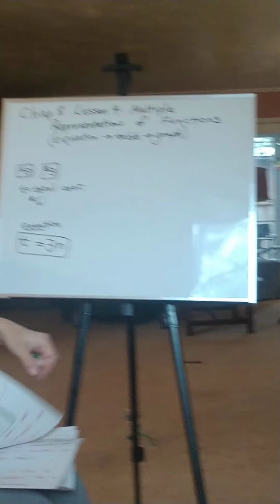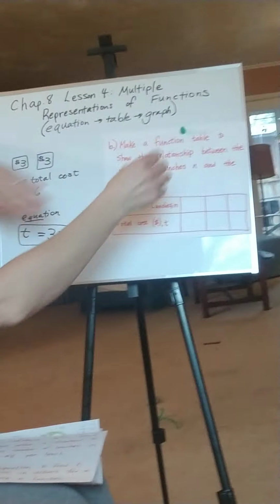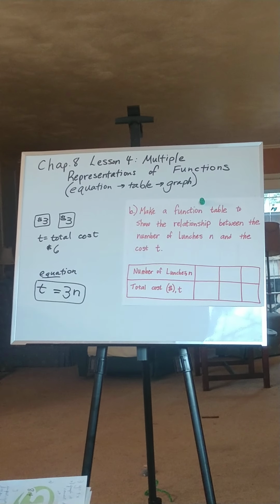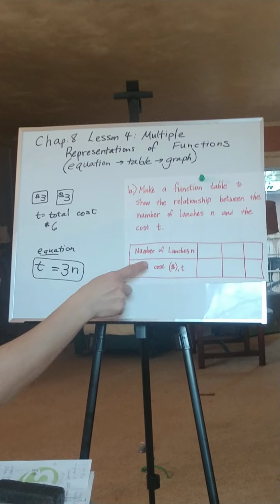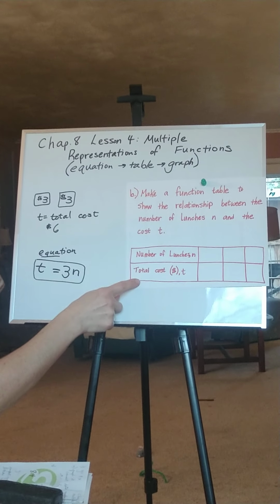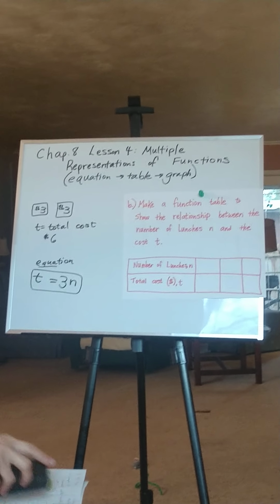Now let's take a look at the same equation as a table. Okay, so there's our table. And we're going to fill in the function table to show the relationship between the number of lunches and the total cost.